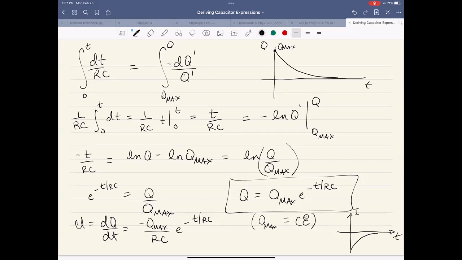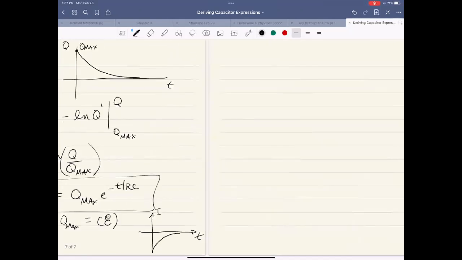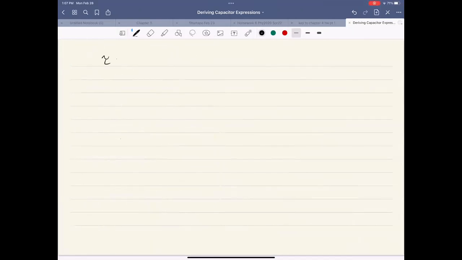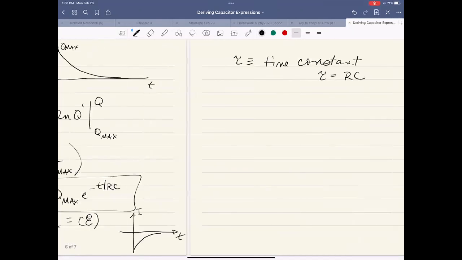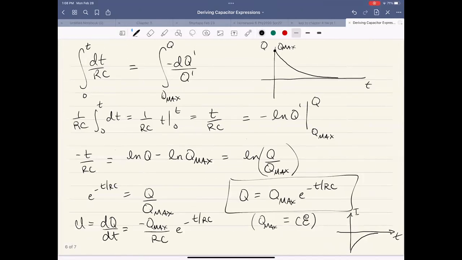Okie doke. Now, lots of times folks talk about R times C as being the time constant. RC does have units of time. So here, tau is often referred to as the time constant of the circuit, and tau is equal to R times C. And you can see here that the time constant is the amount of time that it would take a discharging capacitor to get to 1 over e times its initial value, okay?